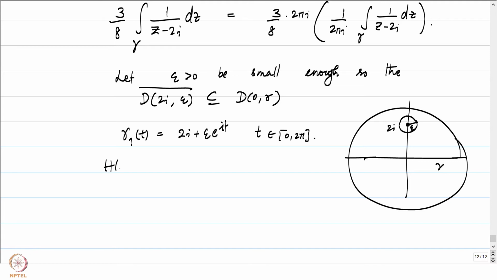Just define h of s comma t to be equal to (1 minus s) times gamma of t plus s times gamma 1 of t. What is that? This is just going to be a straight line homotopy of this type. So this is the point along the straight line. So the green lines are going to capture the homotopy. It will be like this.